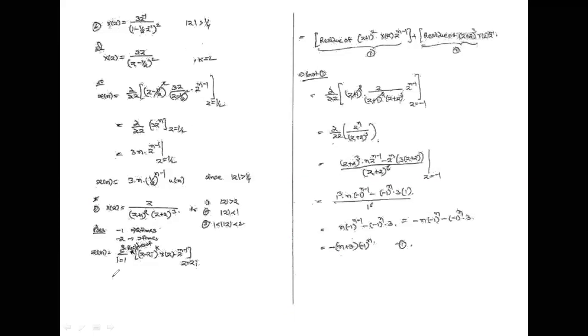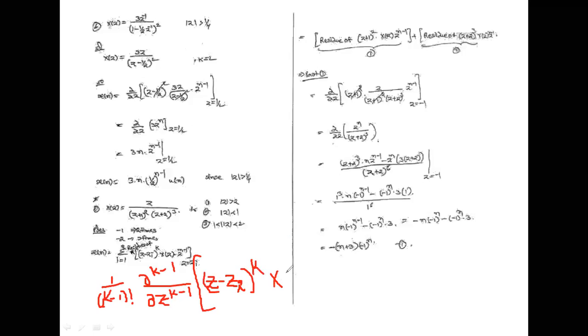What is the residue method formula? 1 by (k minus 1) factorial, del power k minus 1 by del z power k minus 1 of (z minus zi) whole power k, where zi is a pole, times x of z multiplied with z power n minus 1, at z is equal to zi.